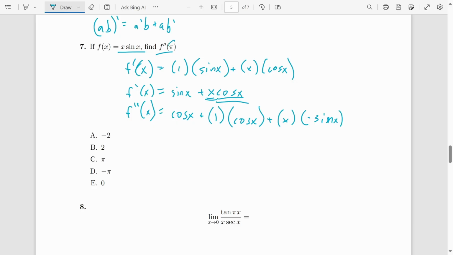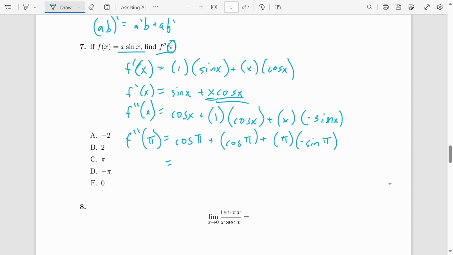Now we can just go ahead and plug in pi for all these x's, and we should get our answer. So f double prime of pi equals cosine of pi plus 1 times, which is nothing, so plus another cosine of pi plus pi times negative sine of pi. Let's evaluate all these trig functions.